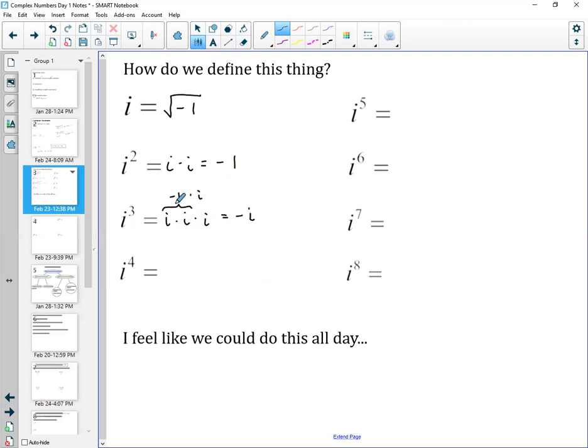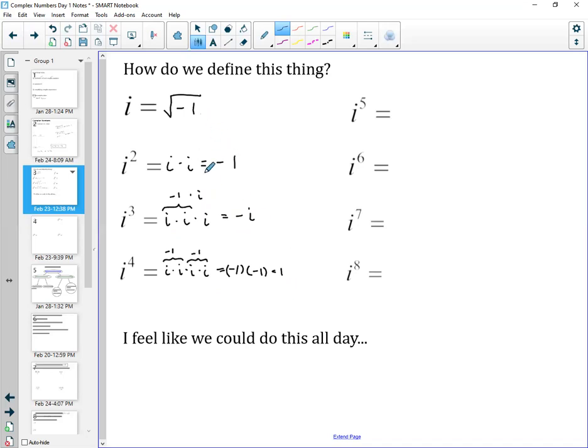These two i's make a negative 1, and then times i gives you negative i. Now what if I did 4 i's? That's what this is saying. It's i times i times i times i. Well, 2 i's make negative 1, and these 2 i's also make negative 1. So it's negative 1 times negative 1, which is 1.